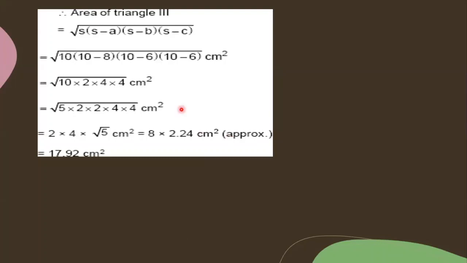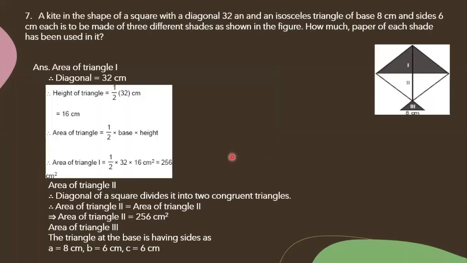Any doubt in the question, children? Ma'am, once again, how? Repeat this answer. This is the kite. They have taken 3 different colors to make this kite. So here, the diagonal value they gave is 32 centimeter.